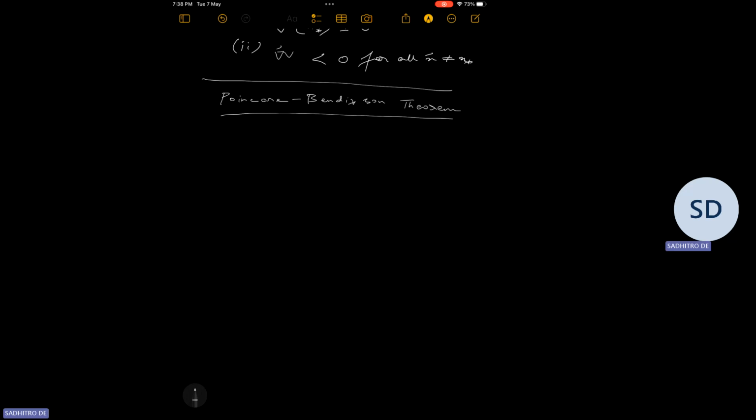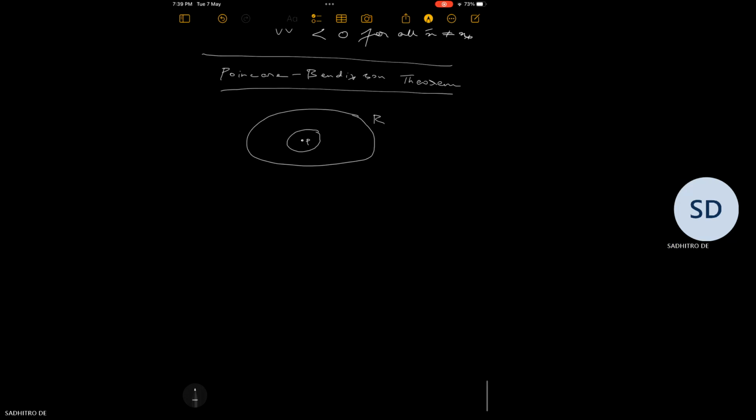Suppose you have this large region of the phase space, this curve bounding the region R, and you have a smaller region inside. And this encloses a point P. So the region between the inner circle and the outer circle is what we call R.